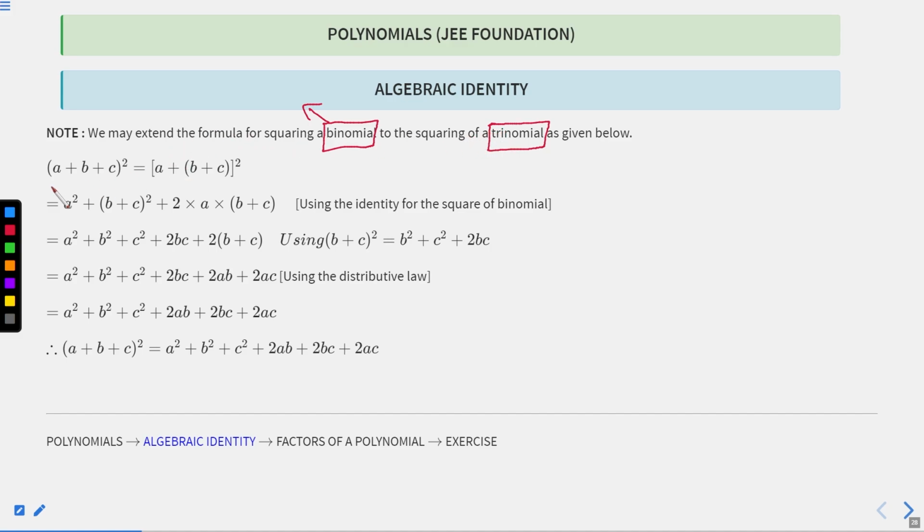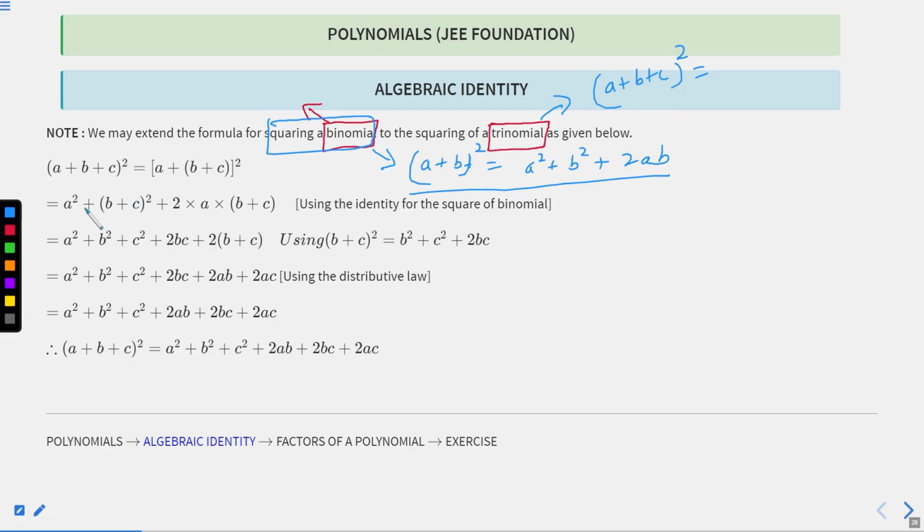The essence of this note is that we extend the formula for squaring a binomial. We know (a plus b) whole square is equal to a square plus b square plus 2ab. Then we can make use of this identity to find the value of (a plus b plus c) whole square.